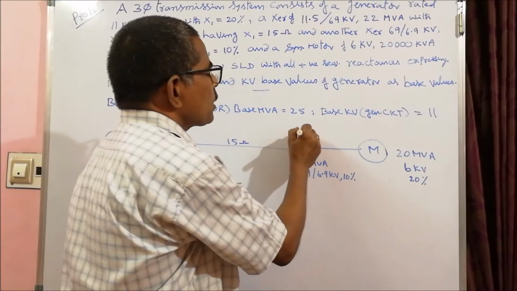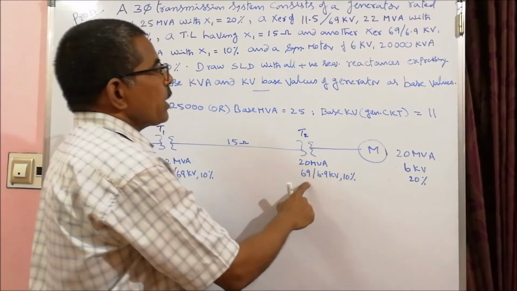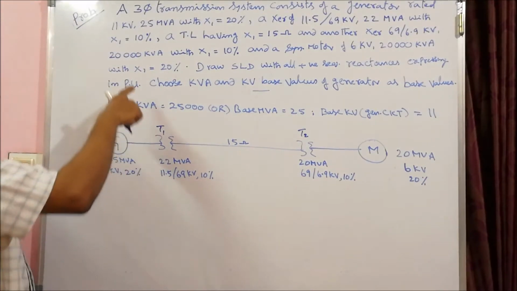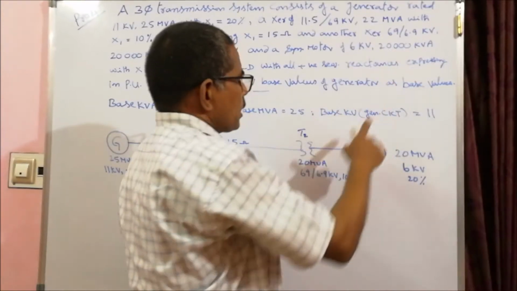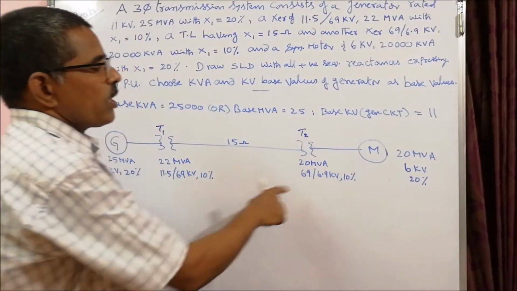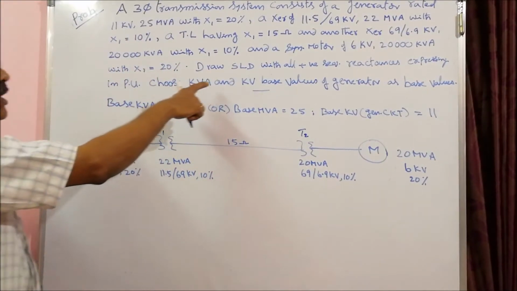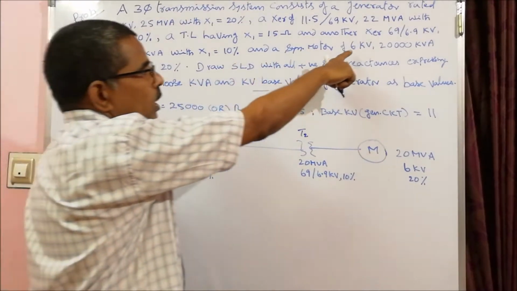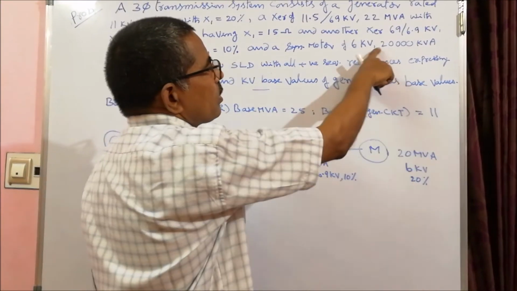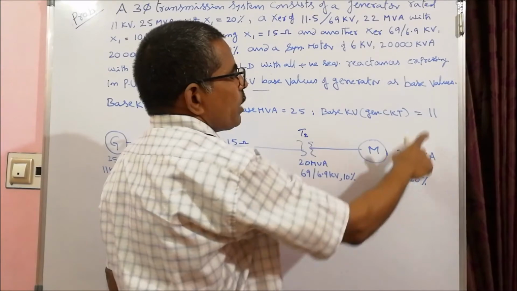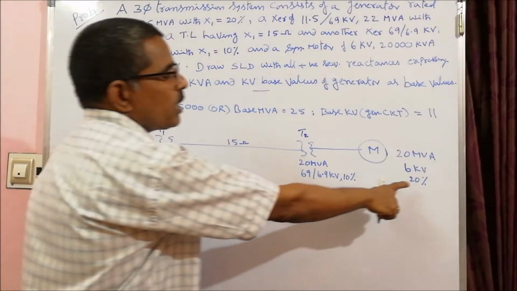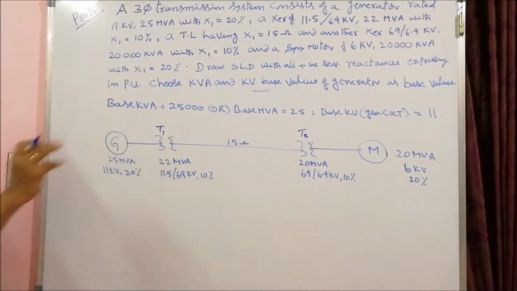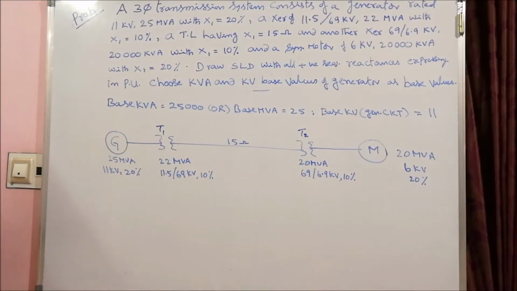Another transformer, transformer 2, 20 MVA, 10%, 69 by 6.9 kV, and it is connected to a synchronous motor, 6 kV, 20,000 kVA, which is 20 MVA, with its reactance 20%. So this is the system given.